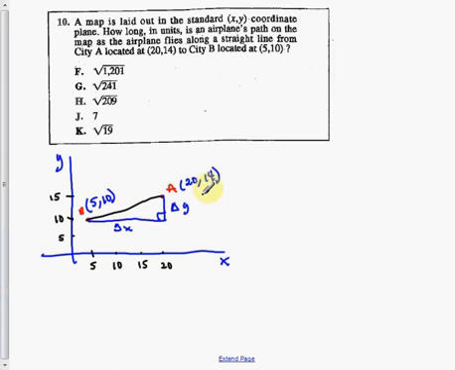So the change in the y values would be 14 minus 10, or just 4. The change in x values would be 20 minus 5, or 15. Okay. So I'm going to call this side D for distance.